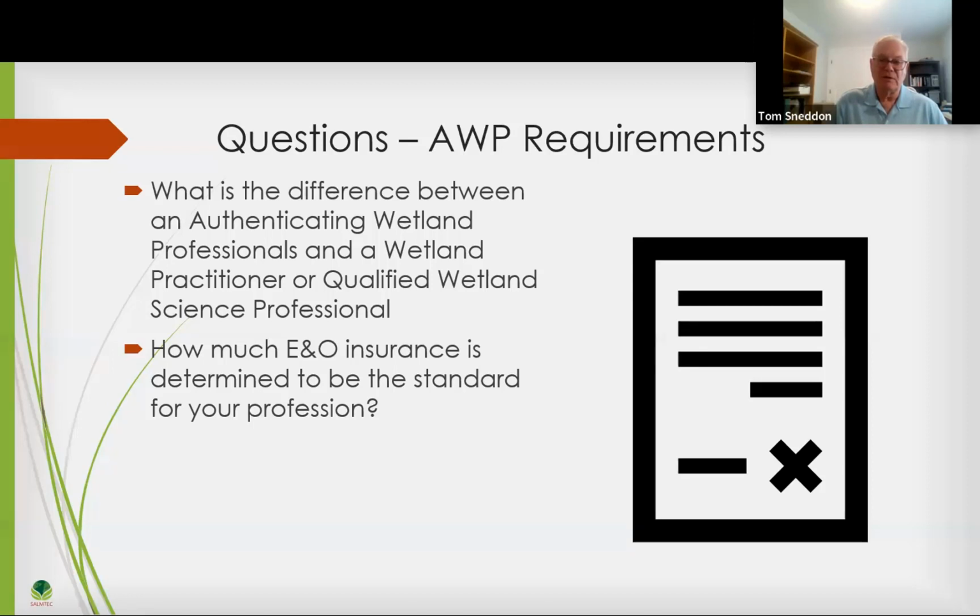And there's a parallel pair of designations for oil and gas work. So the qualified wetland science professional or practitioner or wetland professional all sort of trace their lineage back to that kind of construct.